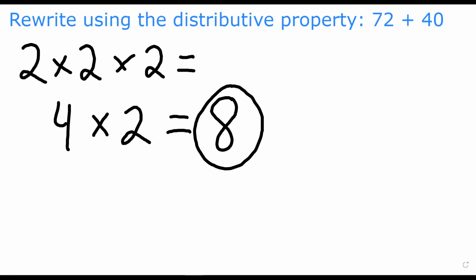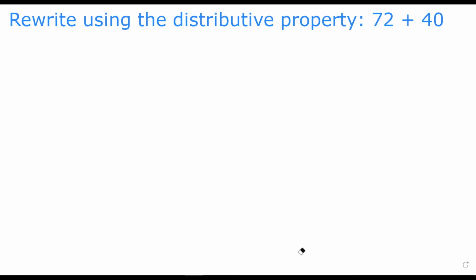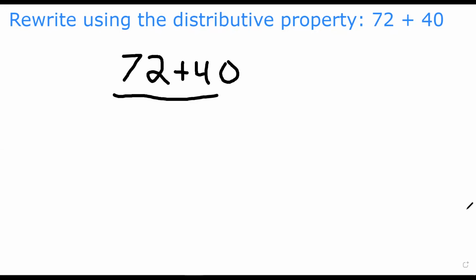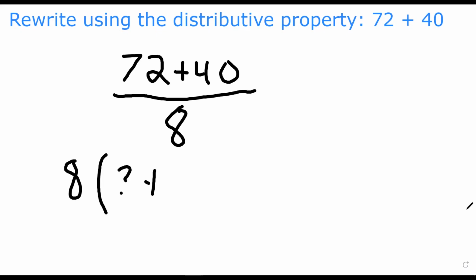So now, in order to rewrite this expression using the distributive property, we need to factor the number 8 out of these two numbers. Essentially, what this means is that we need to divide both of these numbers by 8. So if we have 72 plus 40, and we want to factor out the number 8, we're going to be left with 8, and then in the parentheses, we want to have two numbers added together.